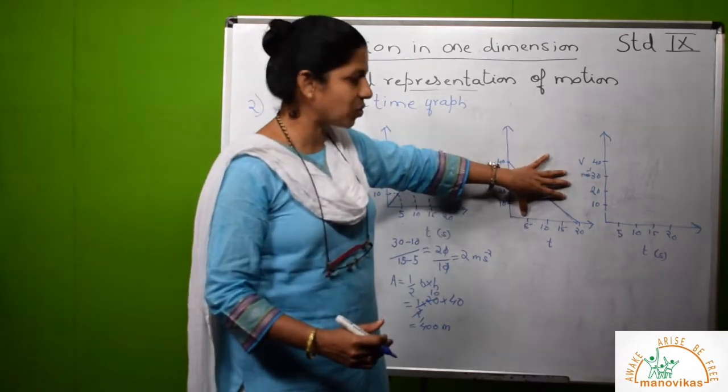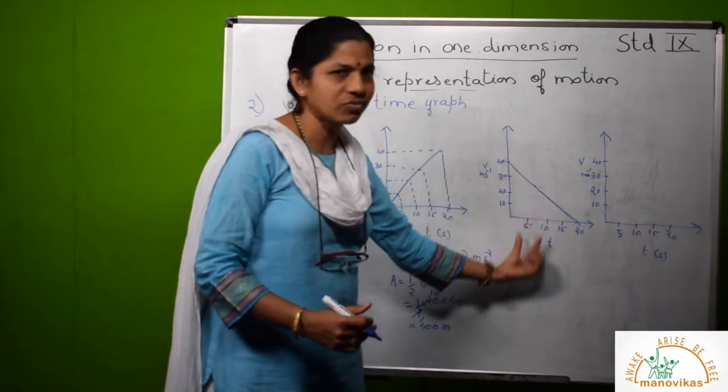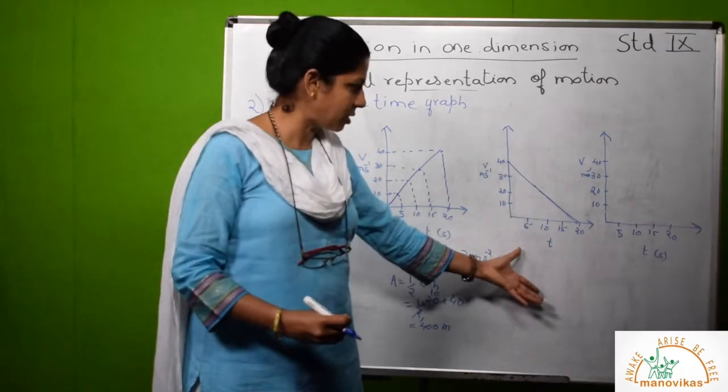So this is a case of retardation. When the retardation is uniform, using the formula, you can find retardation as well.